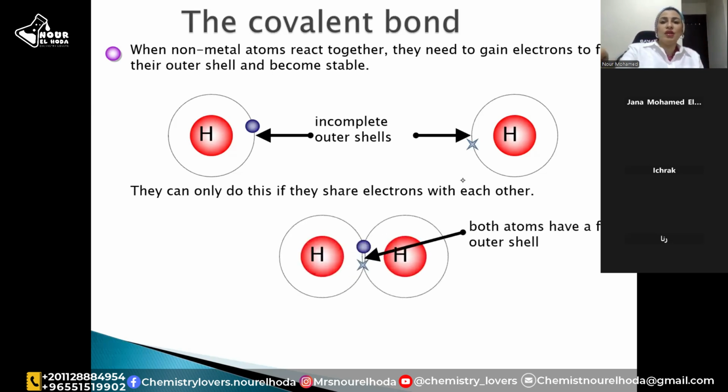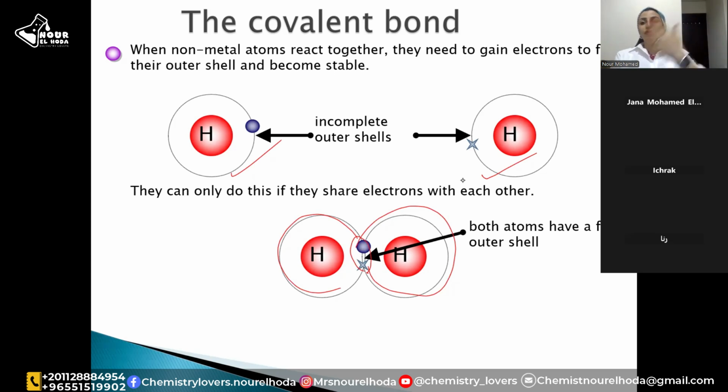Why are they going to be stable? If we check now, every hydrogen, as I said, was having one electron. But now, since both of them share the electrons, these electrons are for this hydrogen or again for this hydrogen. So both of them are stable.